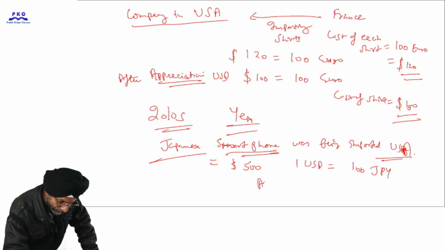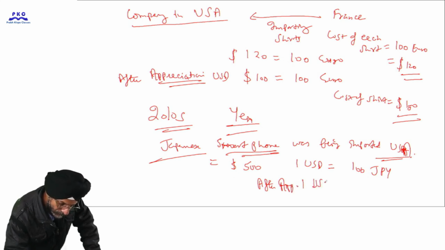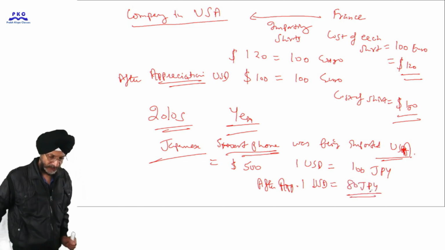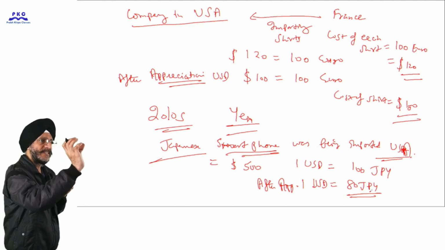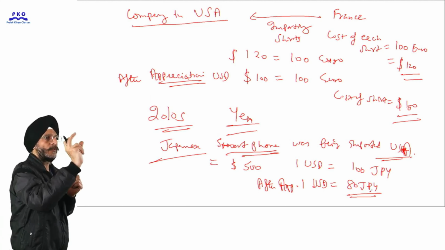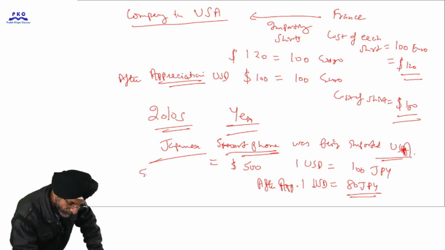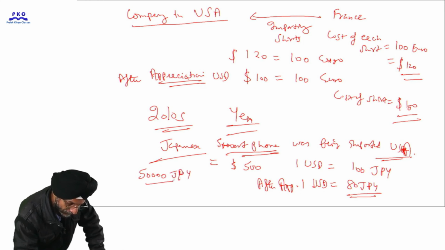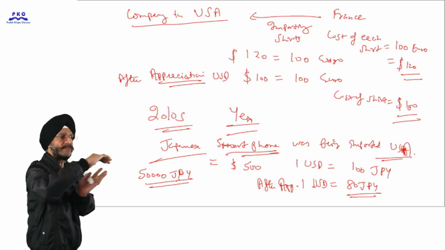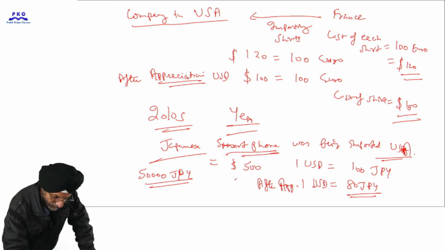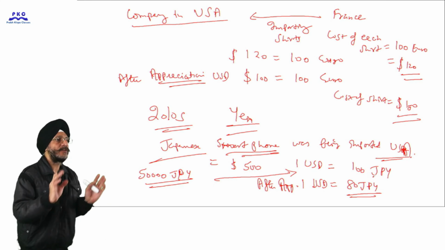Suppose after appreciation, 1 US dollar is equal to 80 Japanese yen. So earlier, to import a smartphone, Japanese people had to pay 50,000 Japanese yen, when there was no appreciation and the exchange rate was 1 US dollar equal to 100 Japanese yen.